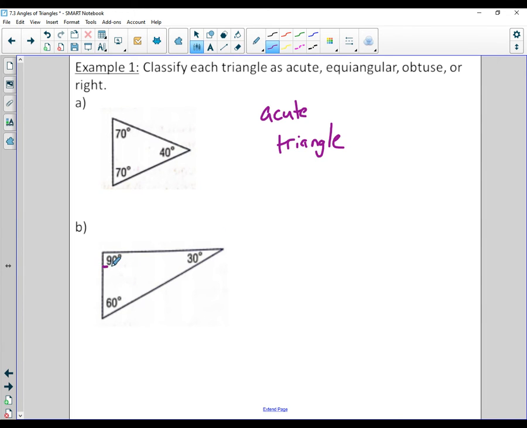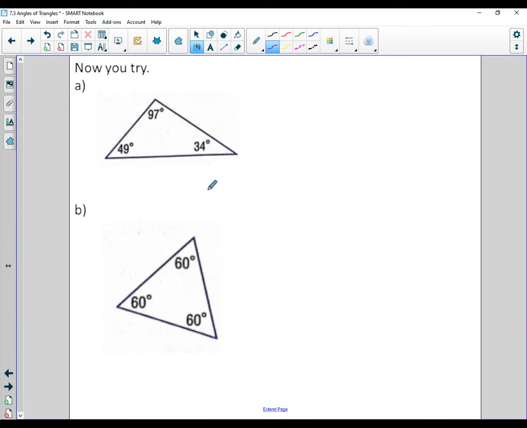As soon as I see 90 degrees, it doesn't even matter what the other two are, I know it's a right triangle. Now for this one, again, as soon as I see 97 degrees, one angle that is greater than 90 degrees, that's an obtuse angle, so that means that this is going to be an obtuse triangle.